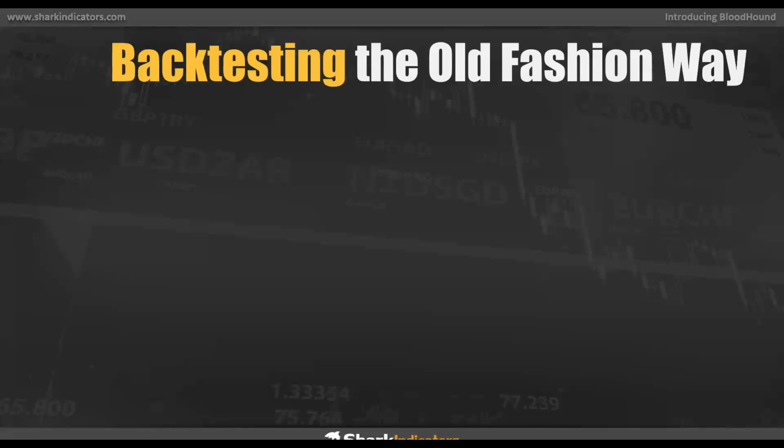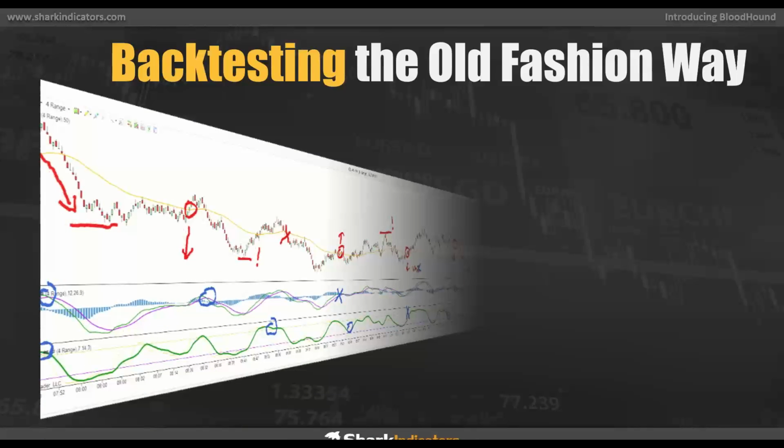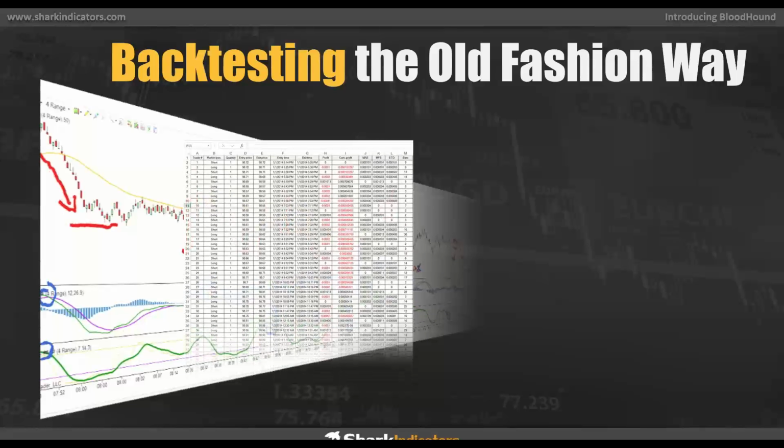Generally speaking, if you are trying to backtest a system, you have to do it the old-fashioned way, which is you pop open a chart and identify your entries, generally by studying it and marking it up, looking at the indicators, and tabulating the results using maybe an Excel spreadsheet or something like that.